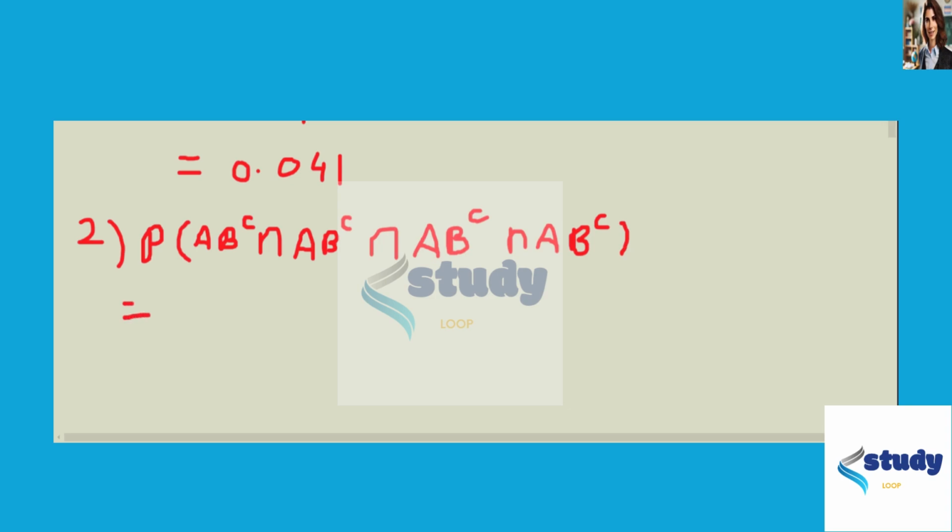As all the 4 persons are independent of each other, using the multiplication law, this probability is equal to probability of AB complement raised to 4.